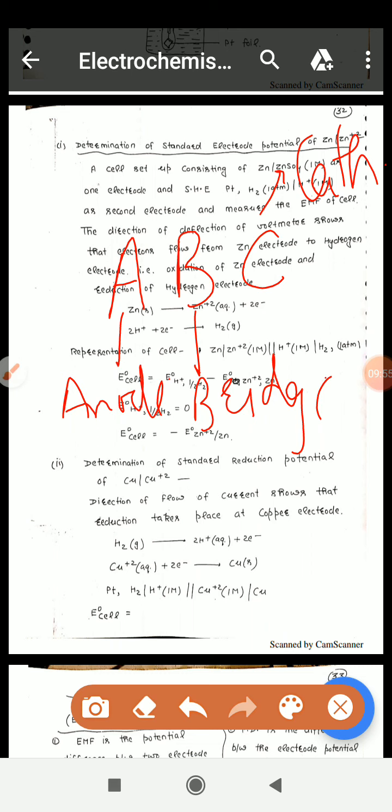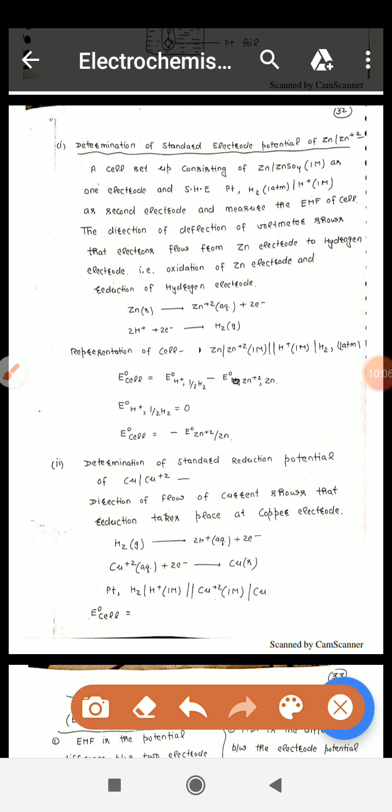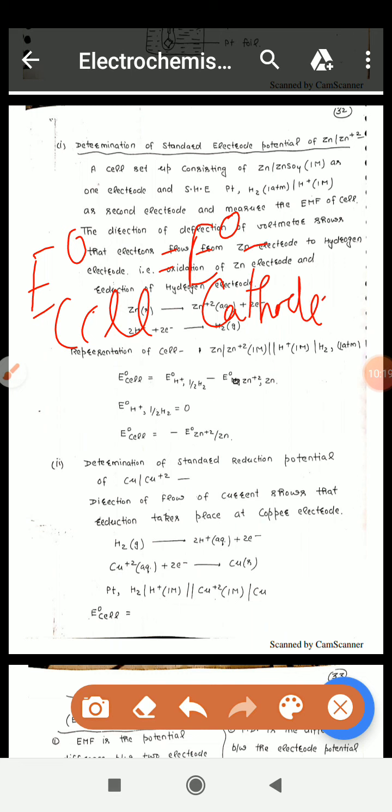Okay, so this is the anode reaction. Anode reaction: H2, slash, H⁺, bridge with 2 parallel lines, Cu²⁺, slash, Cu. And to determine the electrode potential, we use this formula: E°cell equals E°cathode minus E°anode. For E°cathode we use the SRP, standard reduction potential.